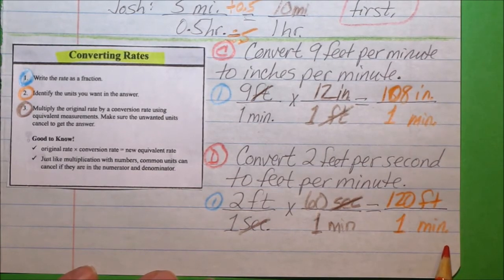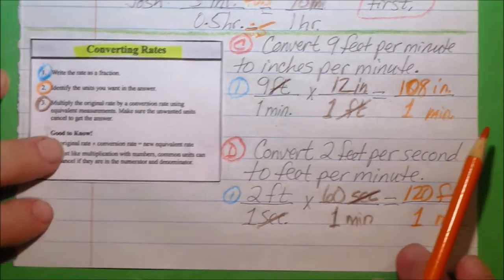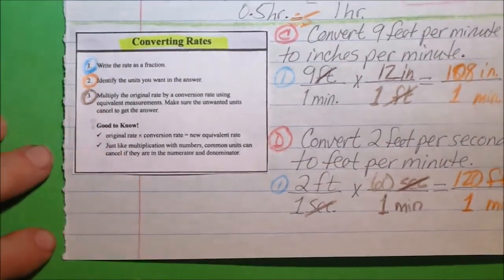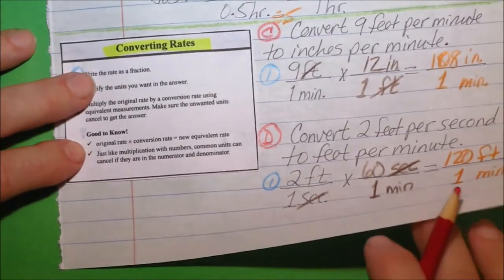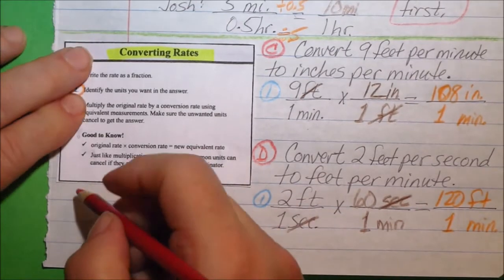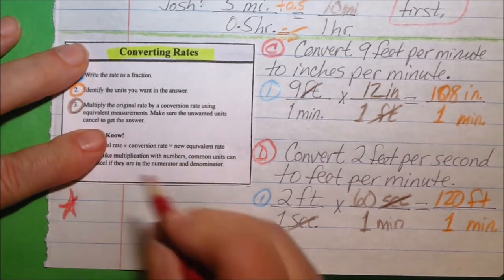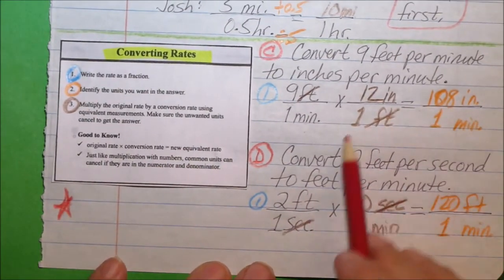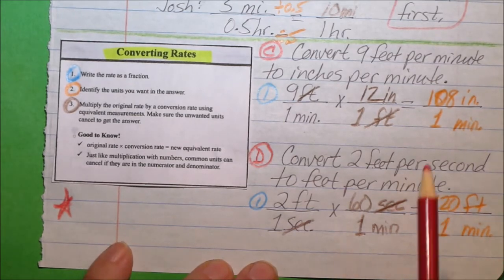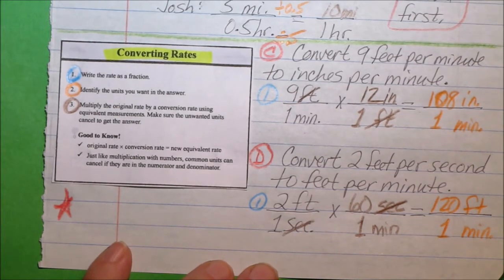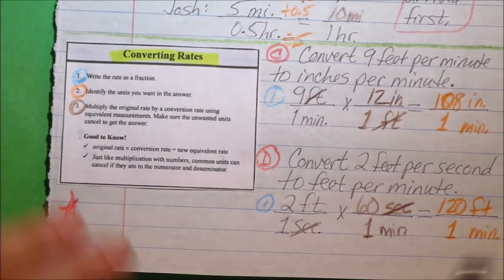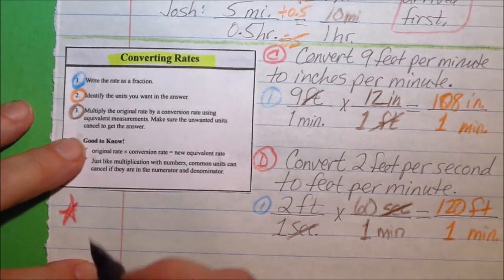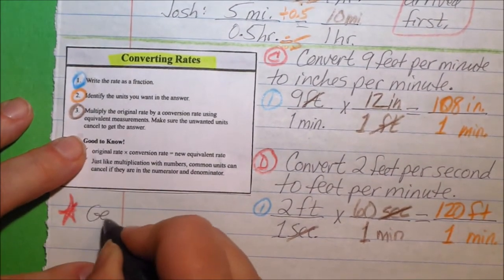All right? Okay, so a quick little note that we'll make down into the corner here. Get my red star over here. The thing to keep in mind when you're doing these conversions is what units do you want to get rid of? You've got to get rid of the units you don't want in the final conversion. So let's write that over here.